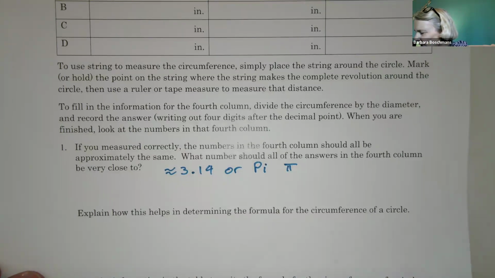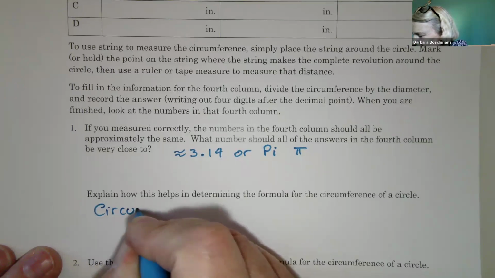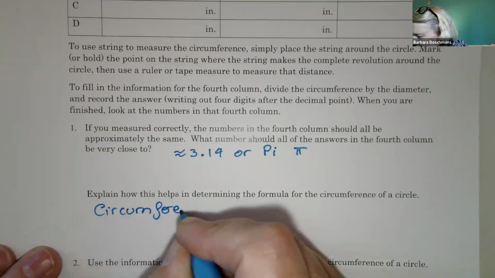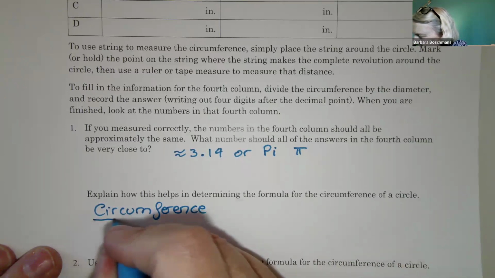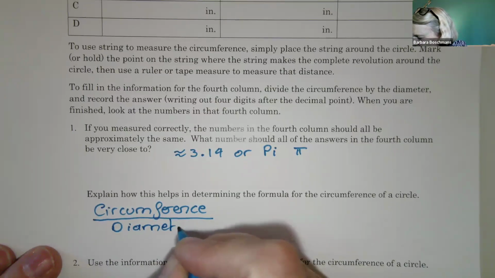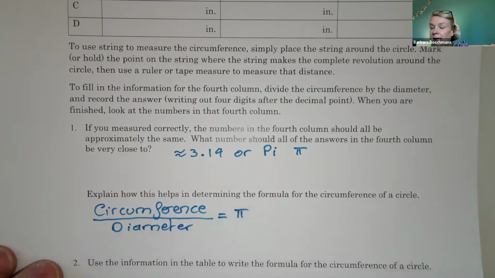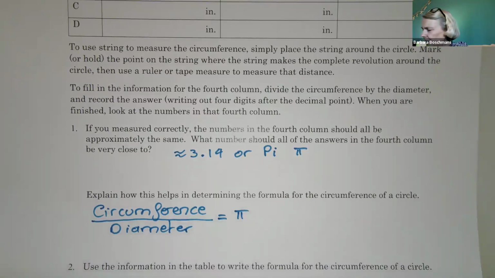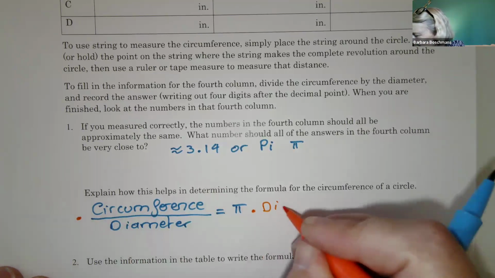Explain how this helps in determining the formula for the circumference of a circle. Well, if the circumference divided by the diameter equals pi, I can use some algebra and multiply both sides of the equation by diameter.